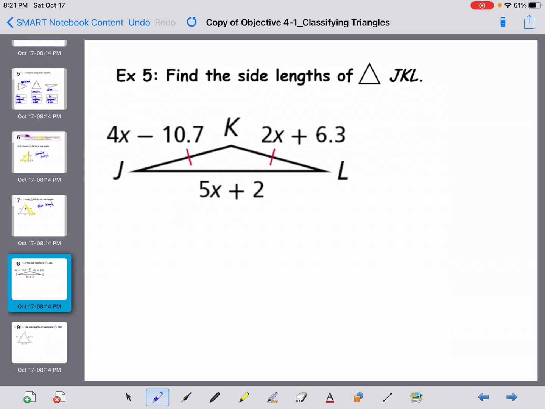Find the side lengths. Okay. So this side, JK, is congruent to KL, and I know that because it has the little marks on it. If 2 things are congruent, I can set them equal to each other. We've been doing that for a while now.